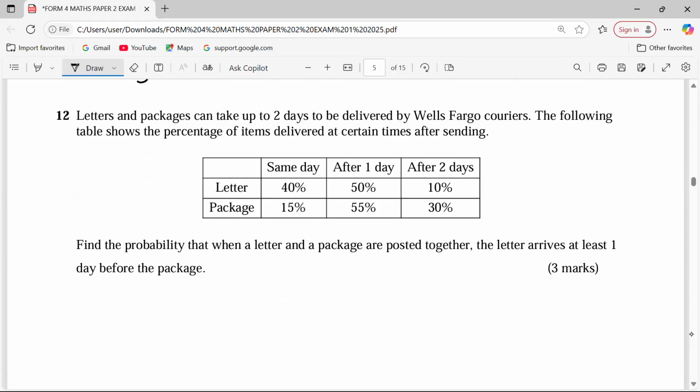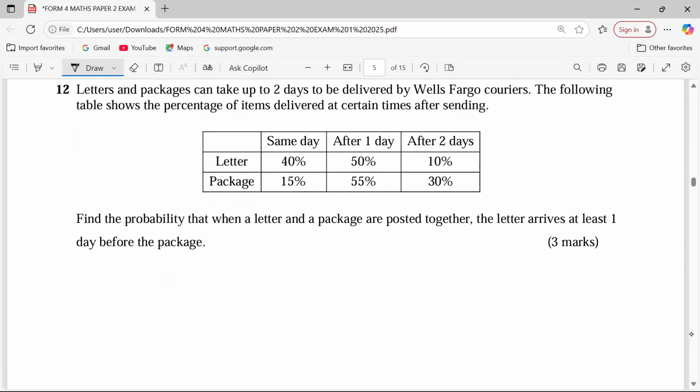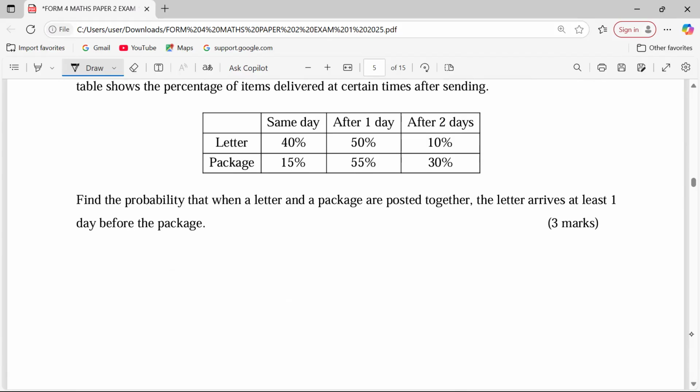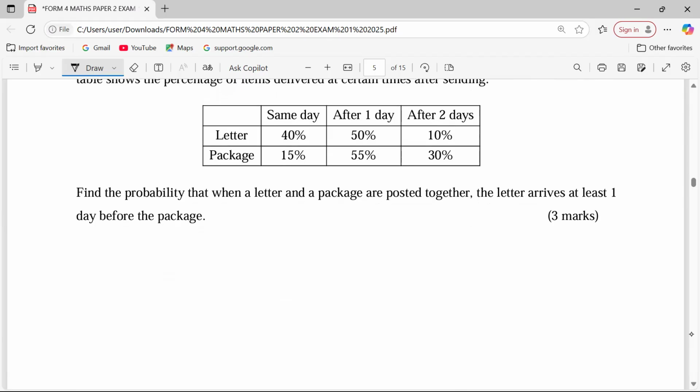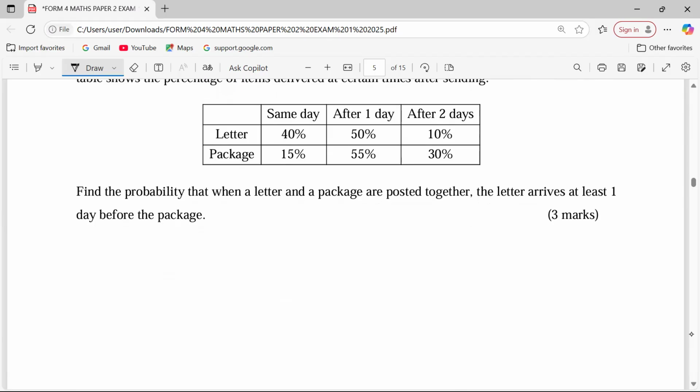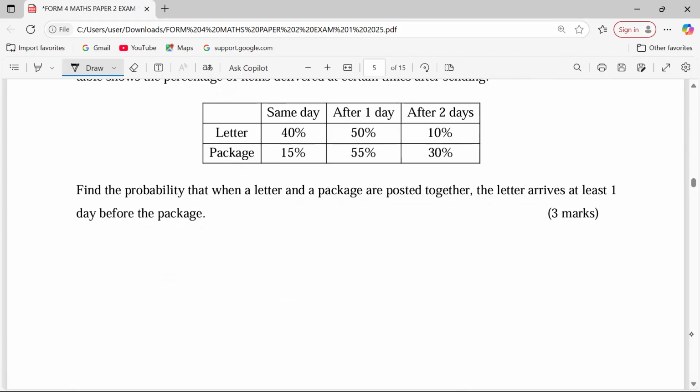After 2 days, 10 and 30 respectively. So in this one, this is simply what we call a probability space. And from this space, we are trying to find the probability that when a letter and a package are posted together, the letter arrives at least a day before the package.